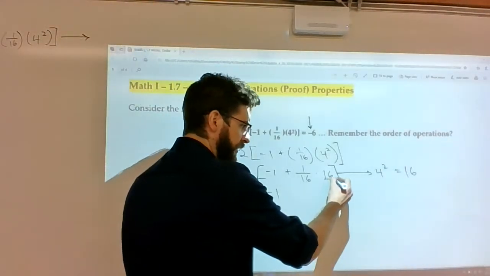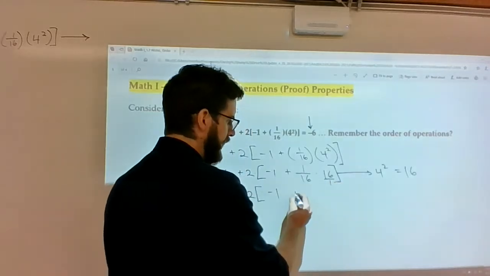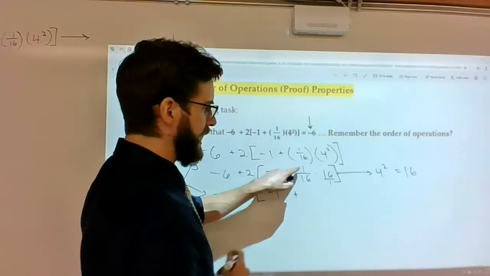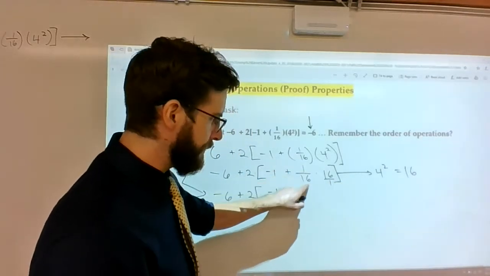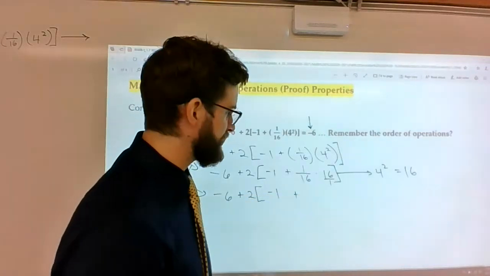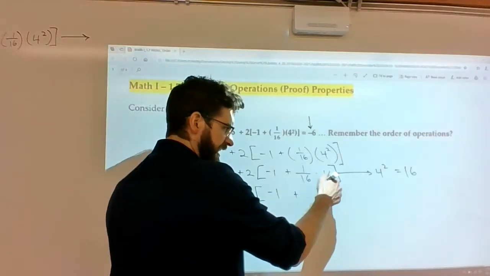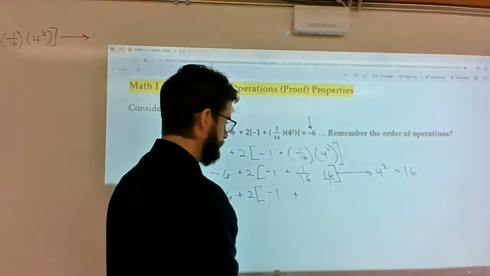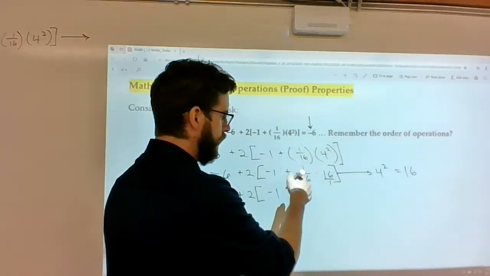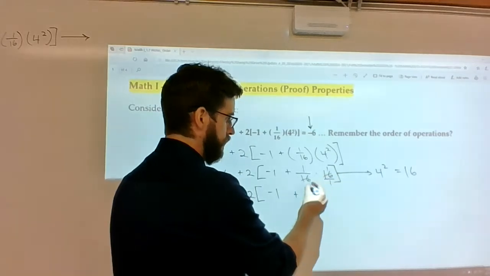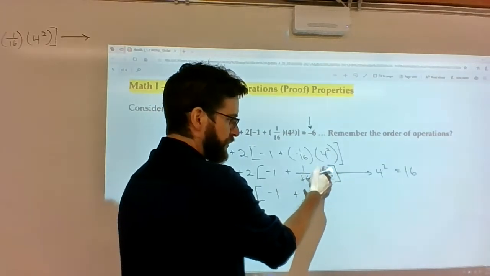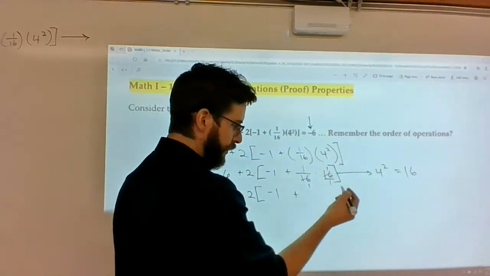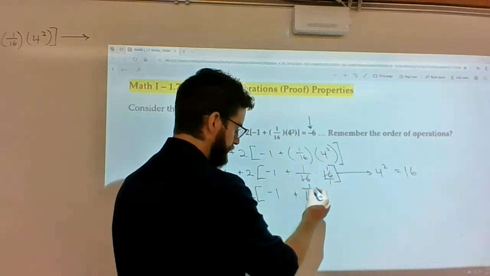You can put the whole number over 1, and then multiply top by top, bottom by bottom, and simplify, or just say the 16 and the 16 diagonally will reduce to 1 over 1. 1 times 1 is 1. It's 1 over 1. It's just 1.